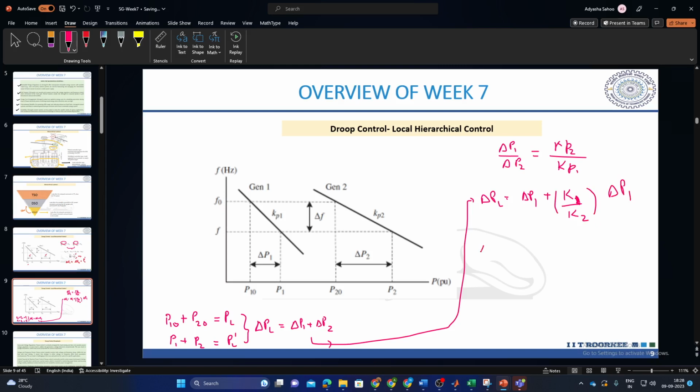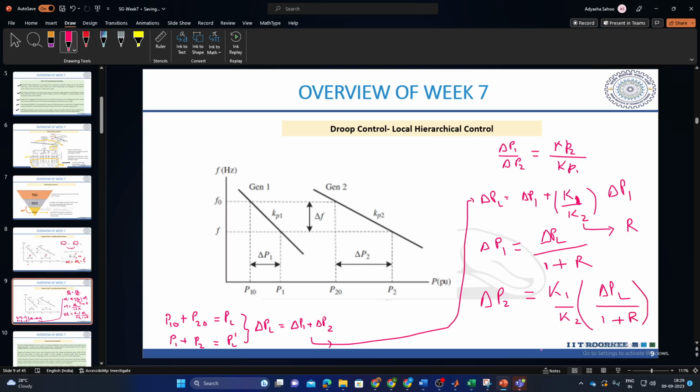So from here, what will we get for delta P1? It will be delta PL divided by 1 plus, let's say this K1 by K2 I am calling R, so 1 plus R. And what will be delta P2? We had seen from here delta P2 was K1 by K2 times delta P1, and delta P1 we had replaced, so if we replace here we'll get R upon 1 plus R times delta PL.